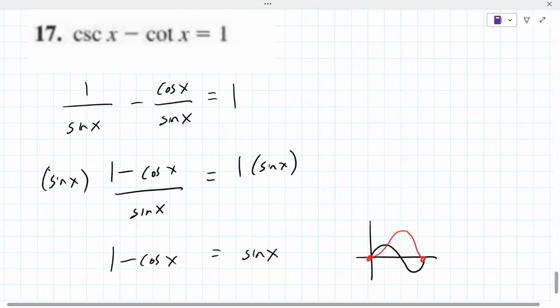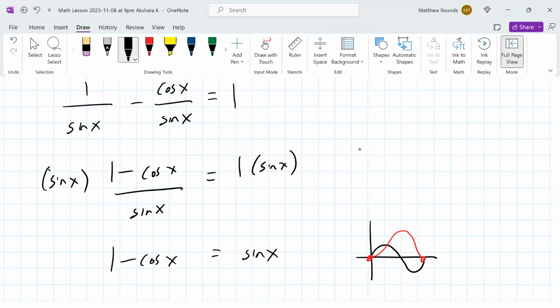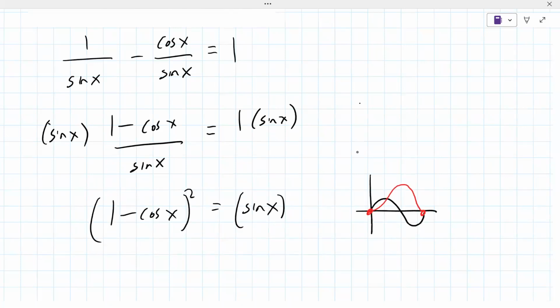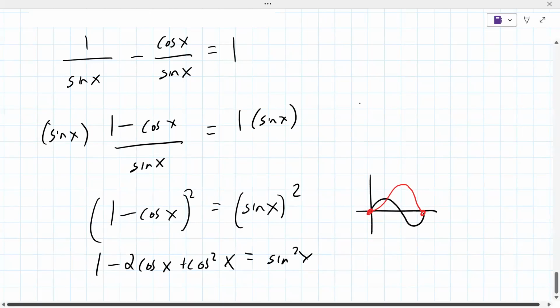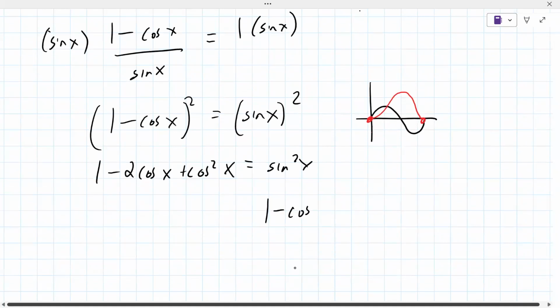Now, there's another way to do this as well. I don't know if you would want to do the graph. The way to do it without the graph is to square both sides, and you get 1 minus 2 cosine x plus cosine squared x equals sine squared x. Then you can change sine squared x into 1 minus cosine squared x, and you get better stuff.